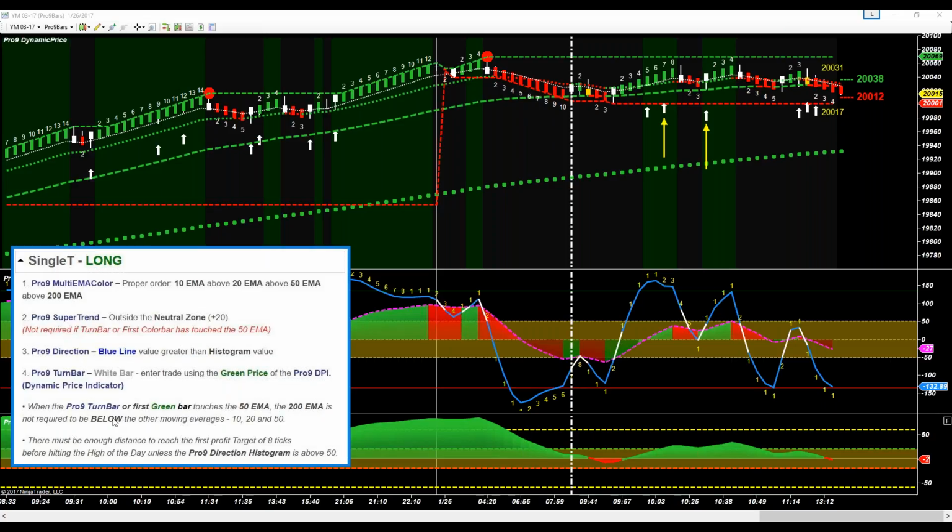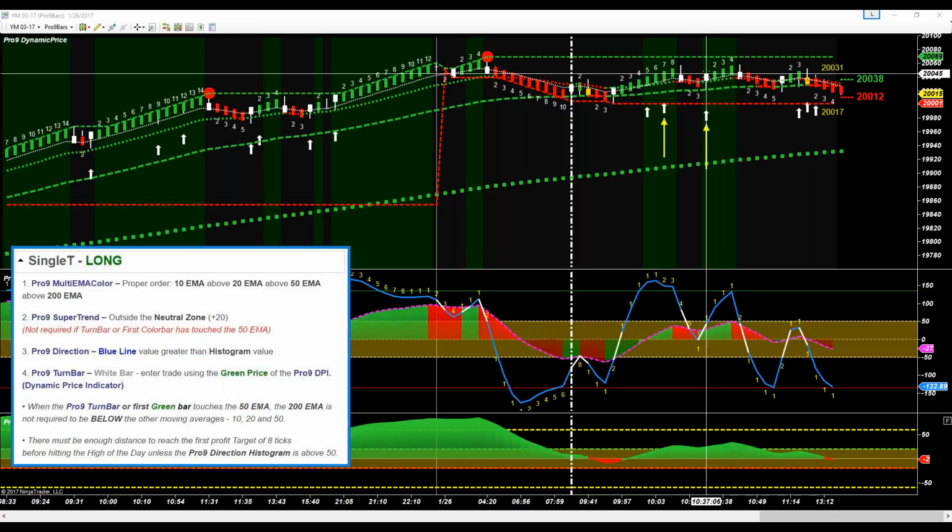But also with the single T, if we look down here at one of our bullet points, if the turn bar or first green bar touches the 50 EMA, the 200 is not required to be below the other moving averages. So we can see here again that bouncing off the 50 is a strong enough sign for us to basically disregard the 200 and the super trend for this entry.